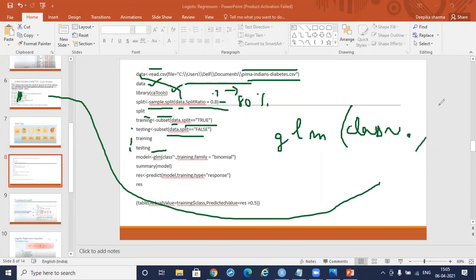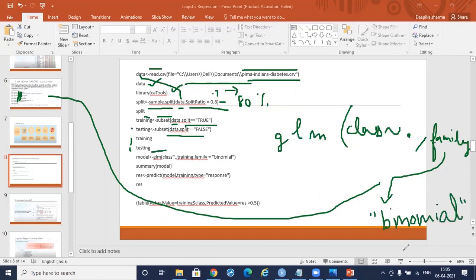Once it is done, there is one of the parameters inside the GLM, the generalized linear model. There is a family parameter which needs to be set with a value of binomial. Binomial means do the logistic regression.